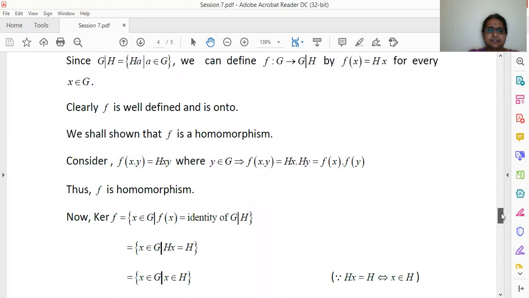Now we shall apply the definition and show that f is a homomorphism. Consider f of x dot y. So consider two elements in G, x and y. Therefore, f of x is Hx, f of y is Hy, and f of x dot y is Hxy.